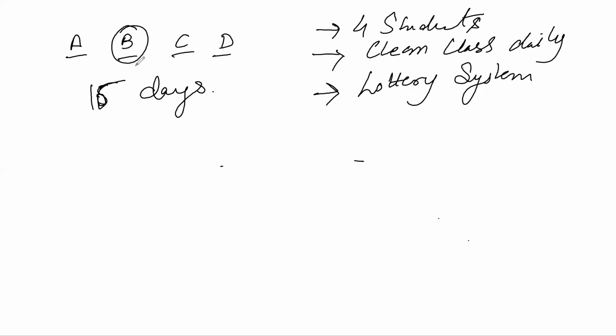So now we have to check whether it is just by chance that B is not getting selected, or is it that B is cheating, right?